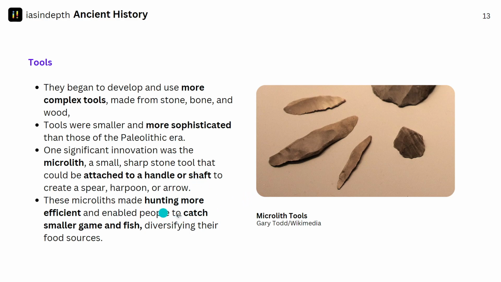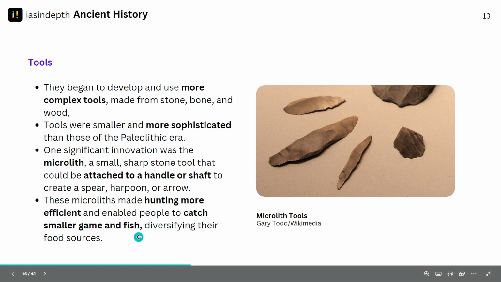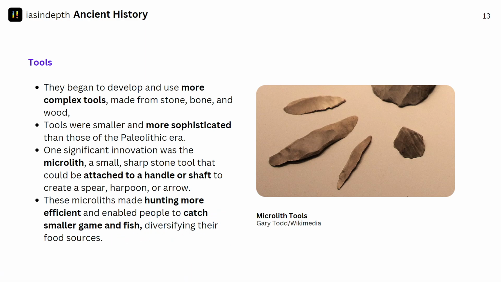These microliths made hunting more efficient and enabled people to catch smaller game and fish, diversifying their food sources. Along with the larger tools, they could use these microliths to hunt small animals like rabbits, as well as marine organisms, fishes.